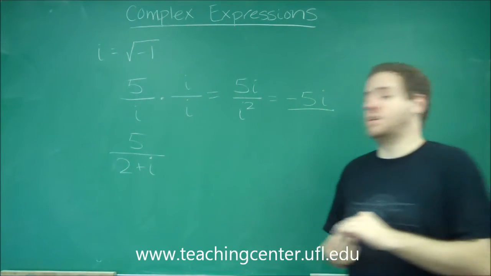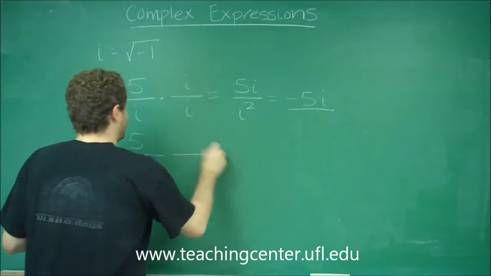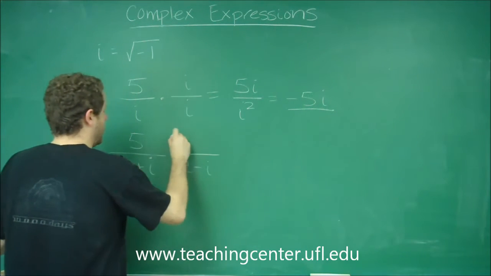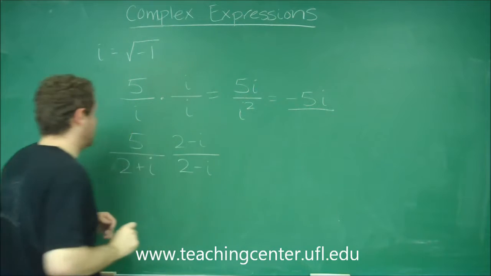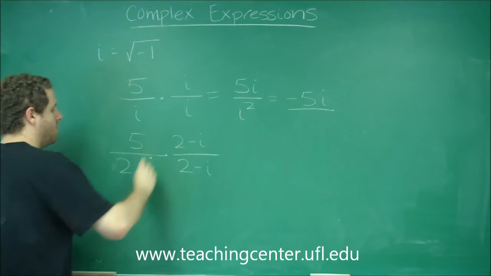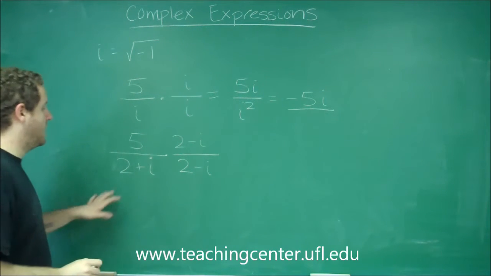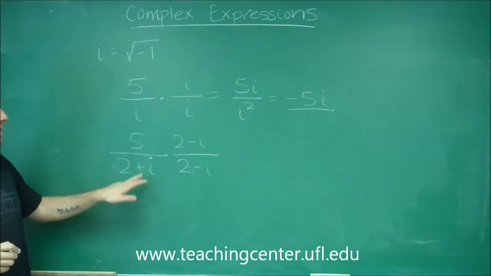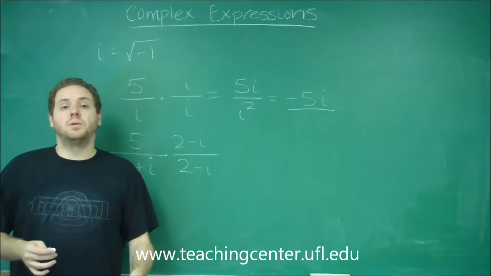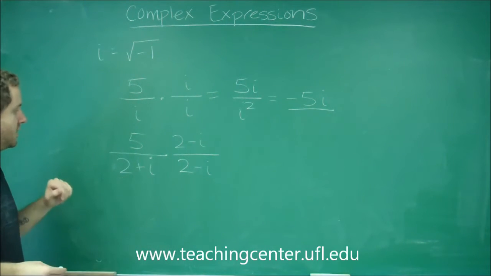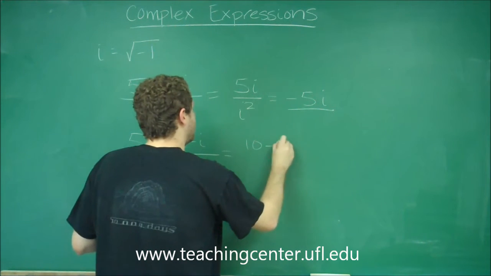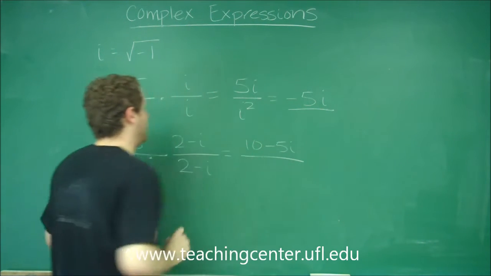We have to multiply by the conjugate, and in this case, that's the complex conjugate, 2 minus i, 2 minus i. Remember that to do the complex conjugate, or any conjugate, you always reverse the sign that's attached to the complex part of your expression. So here, on the top, we can distribute this 5 and get 10 minus 5i.